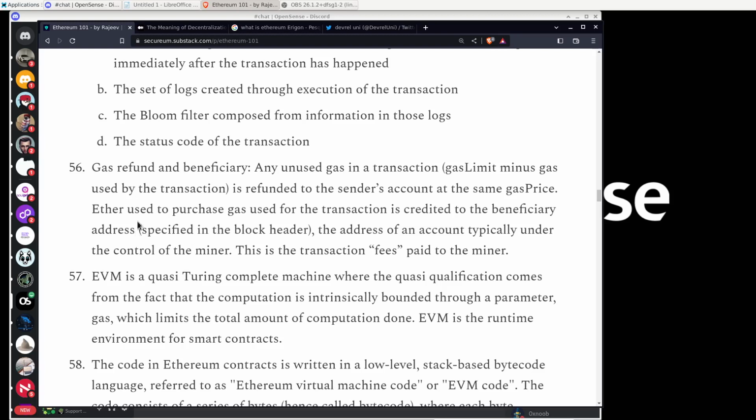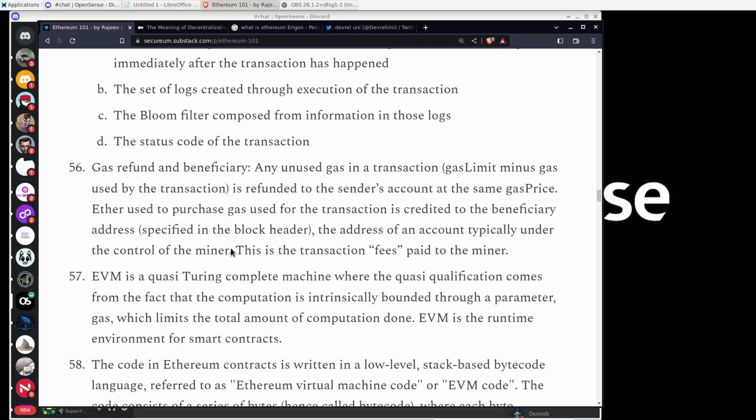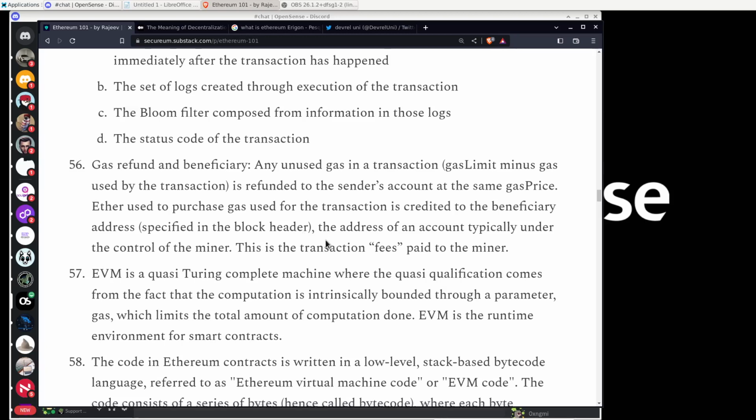So this is a very senior interview question, because it's a really tricky small thing. If I ask you where the information of the beneficiaries is, you need to tell me that it is in the block header.